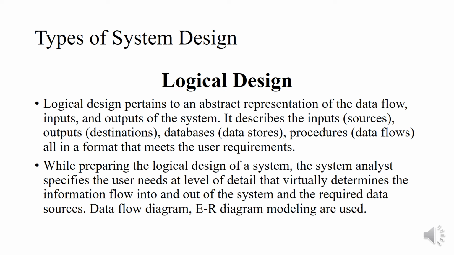While preparing the logical design of a system, a system analyst specifies the user needs at a level of detail that virtually determines the information flow into and out of the system and the required data sources. Data flow diagrams, ER diagrams and modeling are used. So it is very important to understand that while doing the logical design, the data flow diagram and ER diagram should be elaborate enough to understand the purpose of the system design and also the process of the system design.